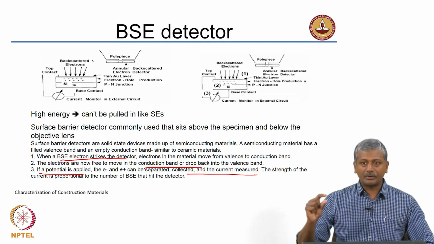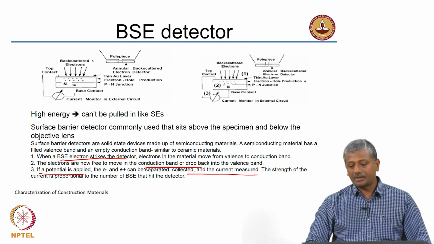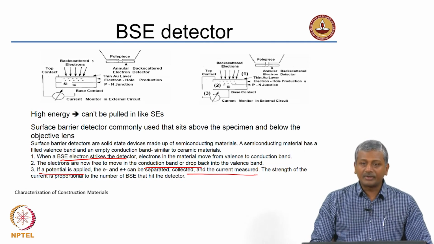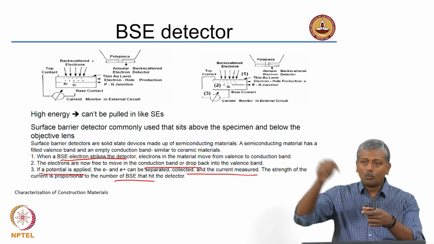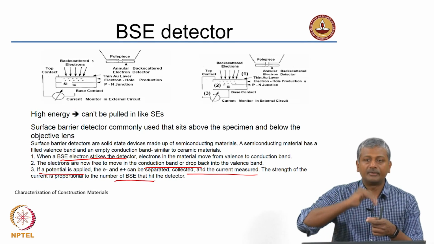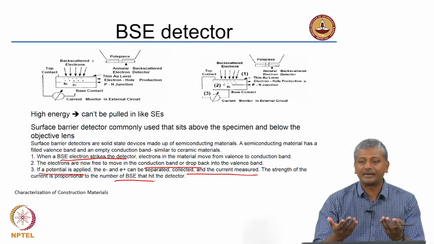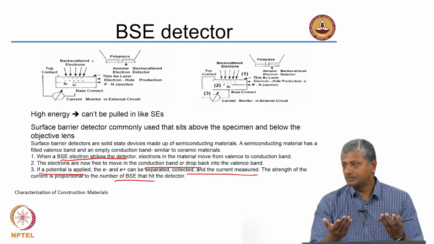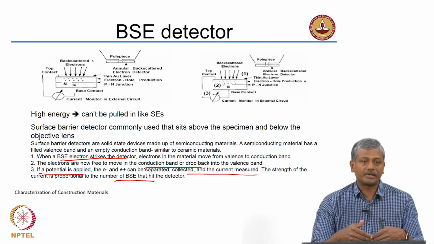The strength of the current is proportional to the number of backscatter electrons that hit the detector. So, more backscatter electrons hitting the detector will cause more events of electrons in the valence band moving to the conduction band. So, there will be higher current, and that current can then measure the intensity of the backscatter electron collection.